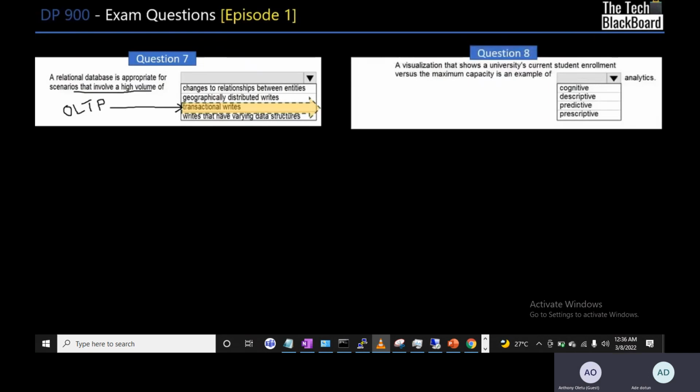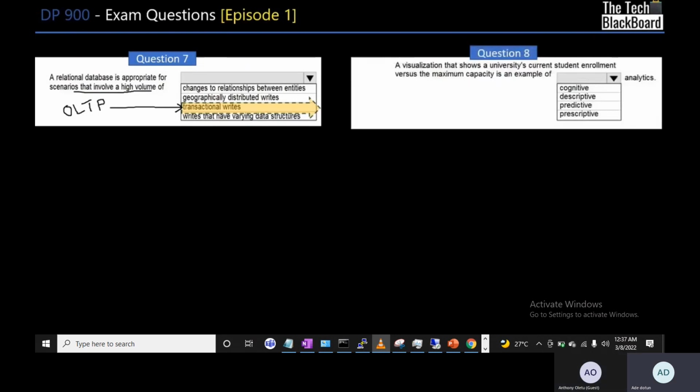When it comes to visualization, it has to do with seeing something that shows enrollment versus maximum capacity. Okay. What do you think they are talking about when they say enrollment versus maximum capacity? They are comparing now. So when they say visualization, in your head, what do you think?